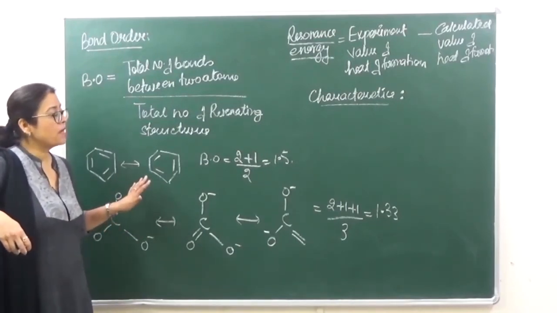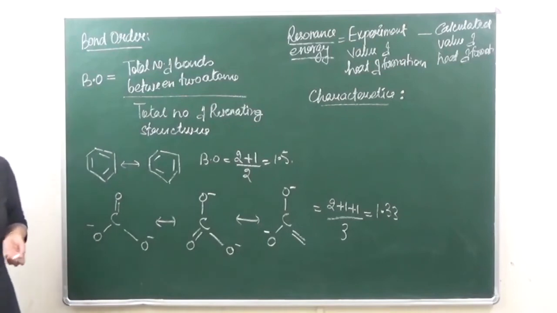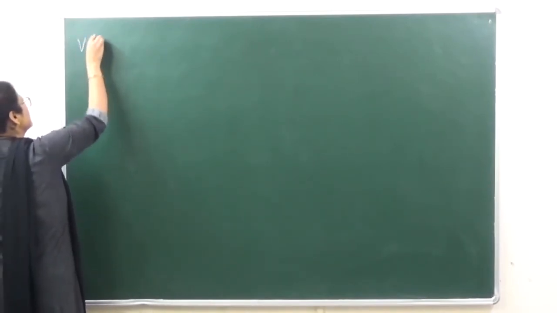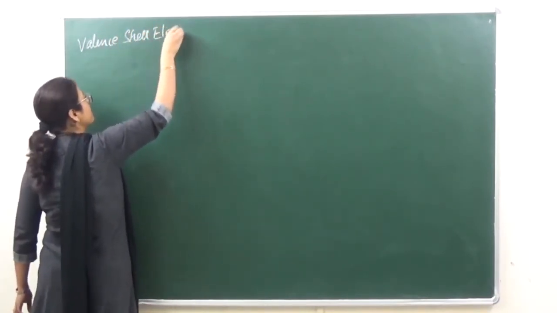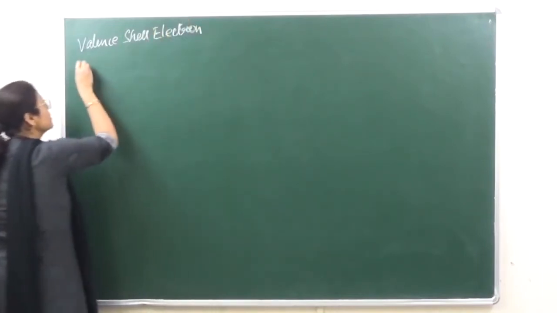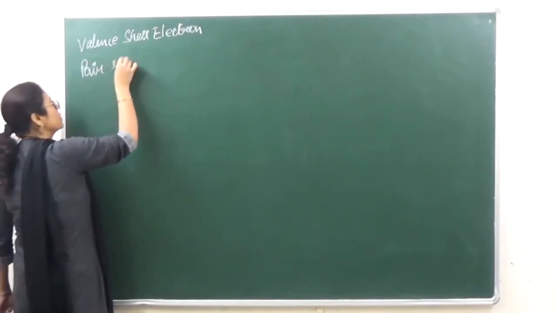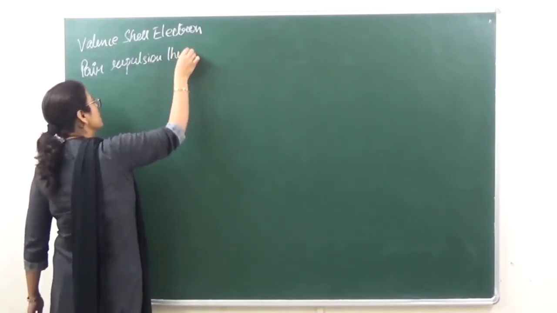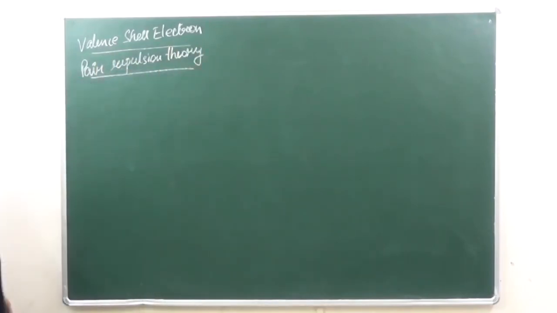Now next, today we are going to do the VSEPR theory, which is very very important from your examination point of view, because we generally get questions from this. So next हमारा आ गया valence shell electron pair repulsion theory.